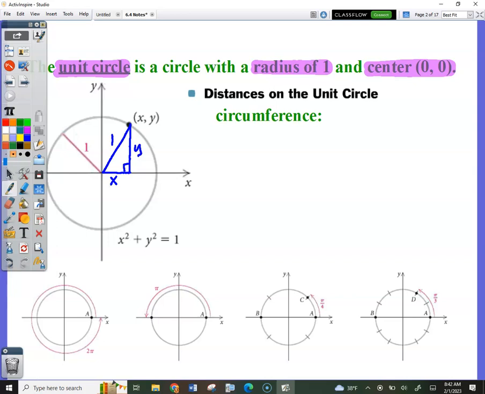We're going to look at the lengths of the triangles formed by any given point around the unit circle if you draw the right triangle. We're looking at the distances on the unit circle.